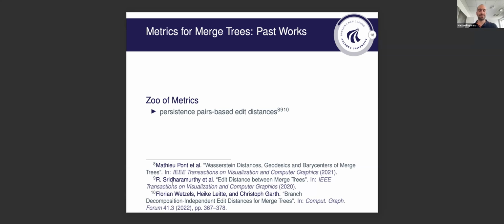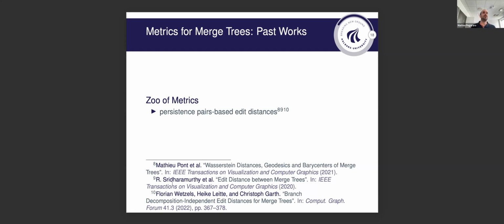These metrics try to produce something similar to the Wasserstein distance for persistence diagrams, in which you just find matchings between the persistence pairs, but for merge trees. So they try to find matchings between the persistence pairs which respect this hierarchical structure.